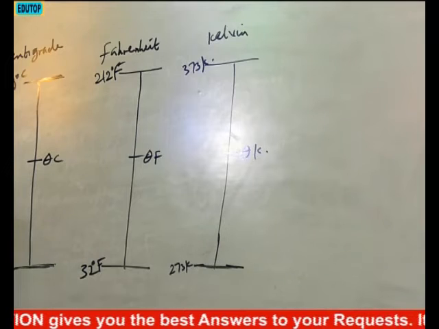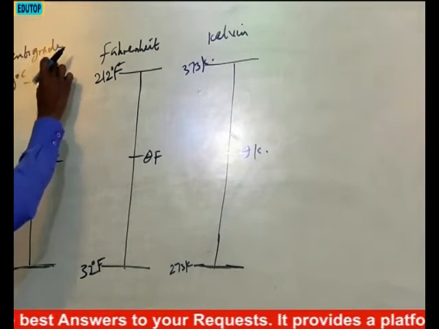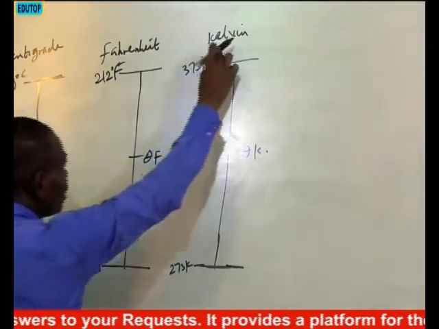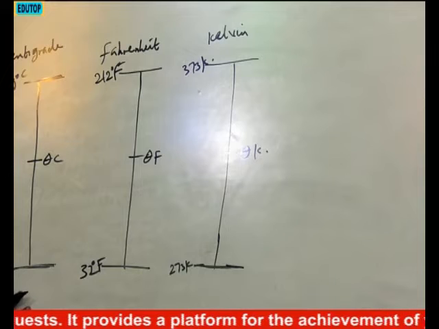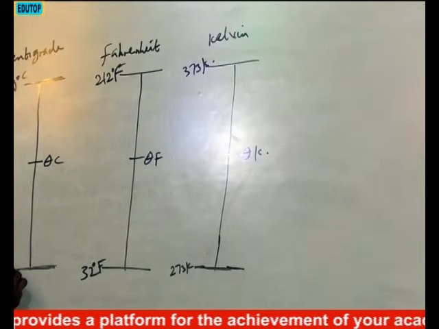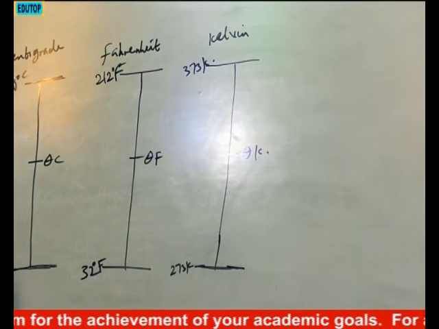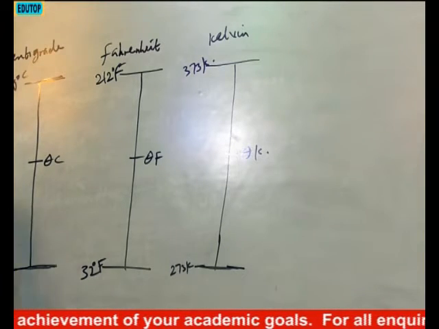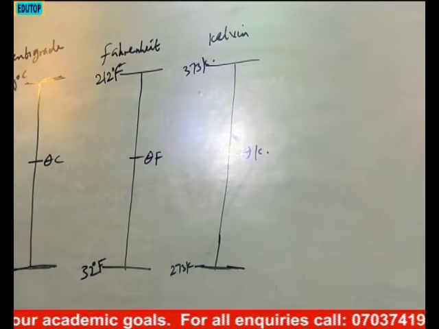We are considering three different scales: centigrade, Fahrenheit, and Kelvin. For the centigrade scale, the lower fixed point will be 0 degrees Celsius. For the upper fixed point, it will be 100 degrees Celsius.